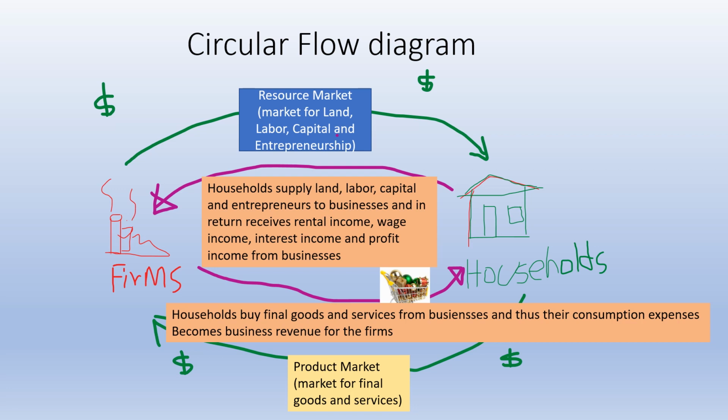And the bottom green arrow shows dollar flow going from households into the farms or into the businesses. And the inner two arrows show one arrow going from household to businesses and another going from businesses to households. So now let's see sequentially which arrow most plausibly happens first.